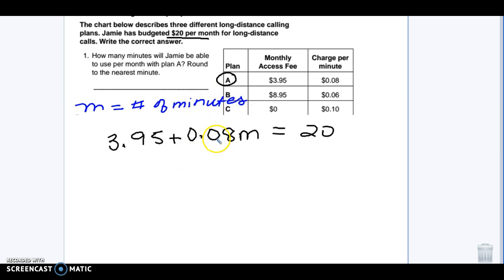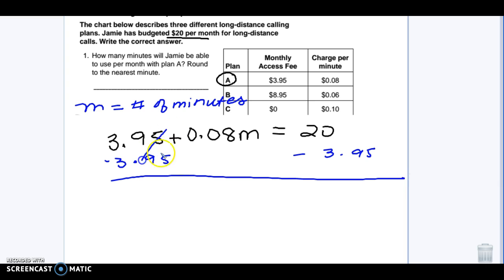Here we solve the equation normally. We subtract $3.95 on both sides, and those cancel. And this gives us $16.05. Here we want to divide by 0.08.